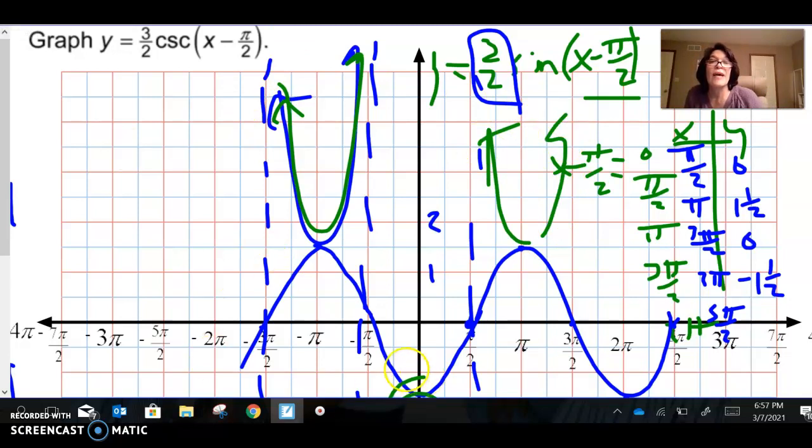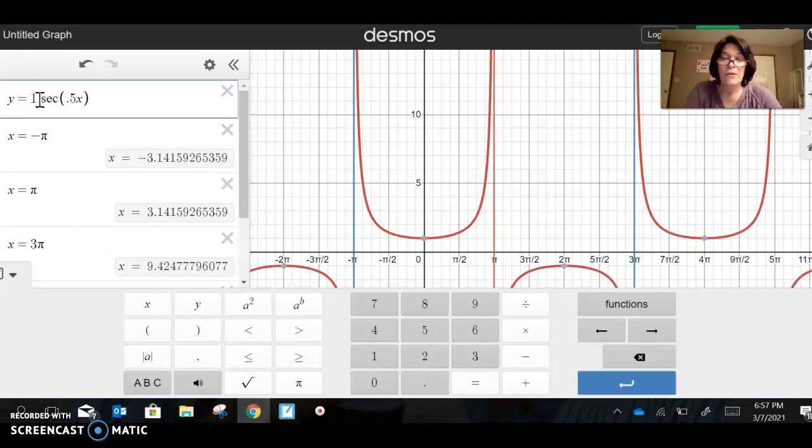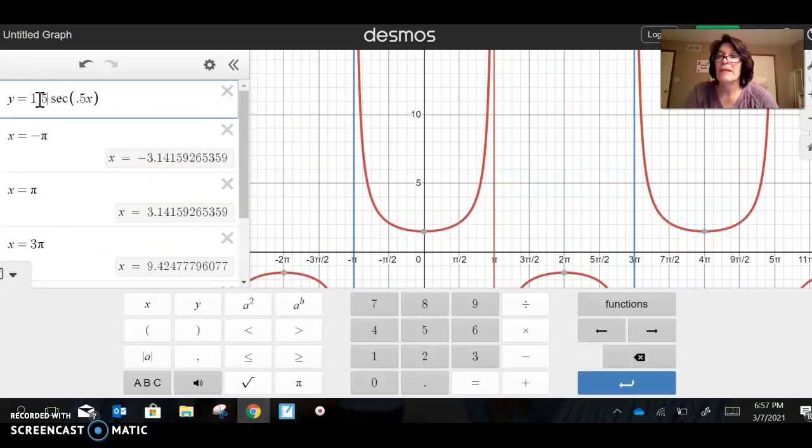3/2 cosecant of x minus pi over 2. That shifted me pi over 2 to the right, if I think about it.